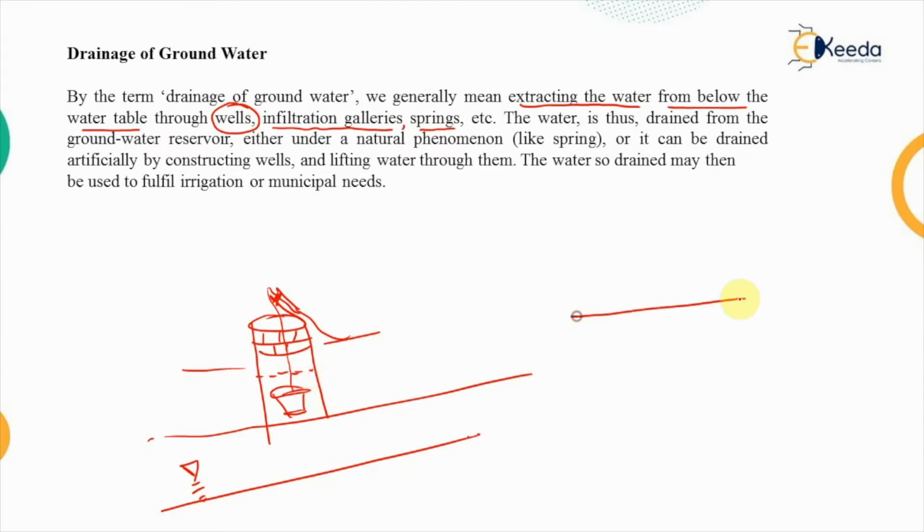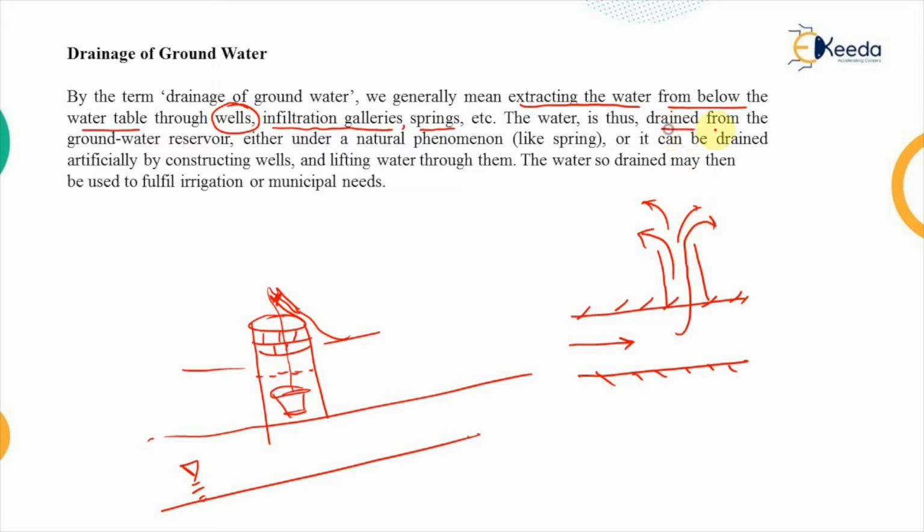And if the water is available between two confined surfaces, that means water is under pressure. So if we provide any opening to it, then under the pressure it pumps out, and then it forms the spring, the natural spring.